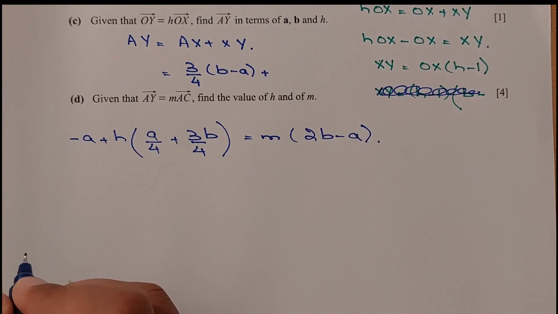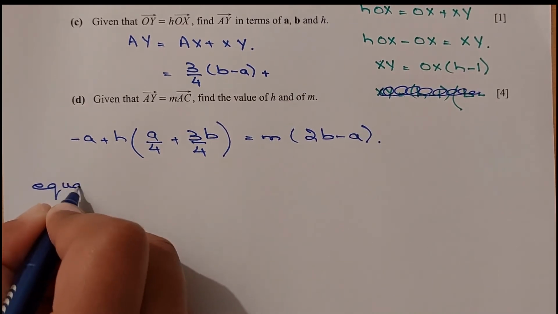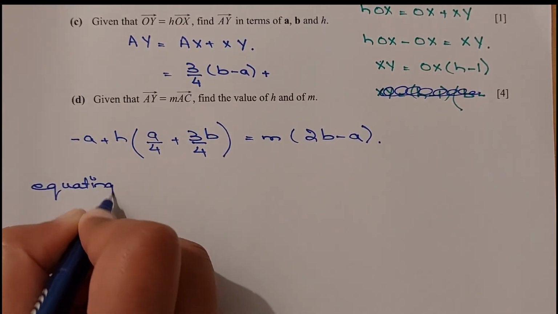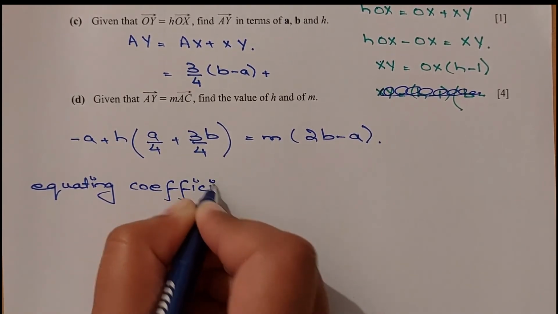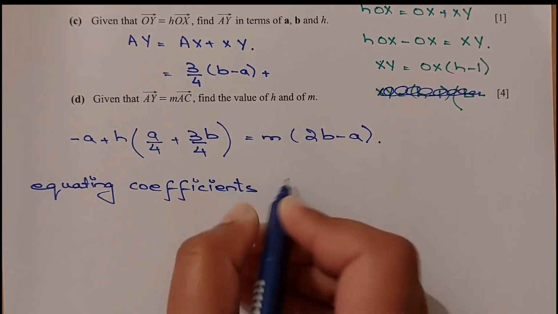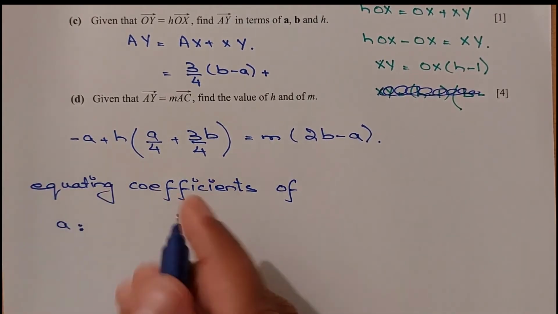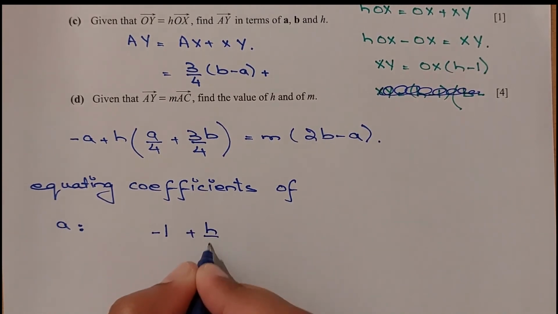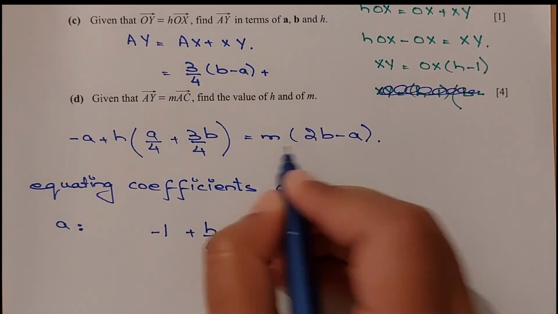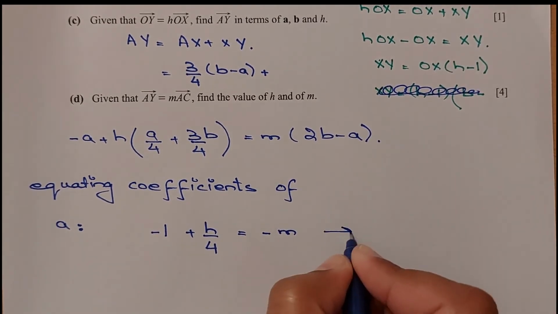Right, so we need to equate the coefficients for a and b. Let me equate the coefficients for a. So this is minus 1 and h by 4, and here a is just minus m. So this is the first equation.